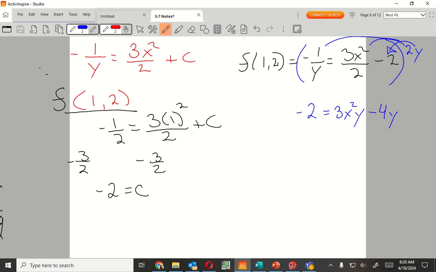And again, my standard form is equal to 0. Standard form equals 0. So what do I do with that negative 2? Just add 2 to both sides, right?